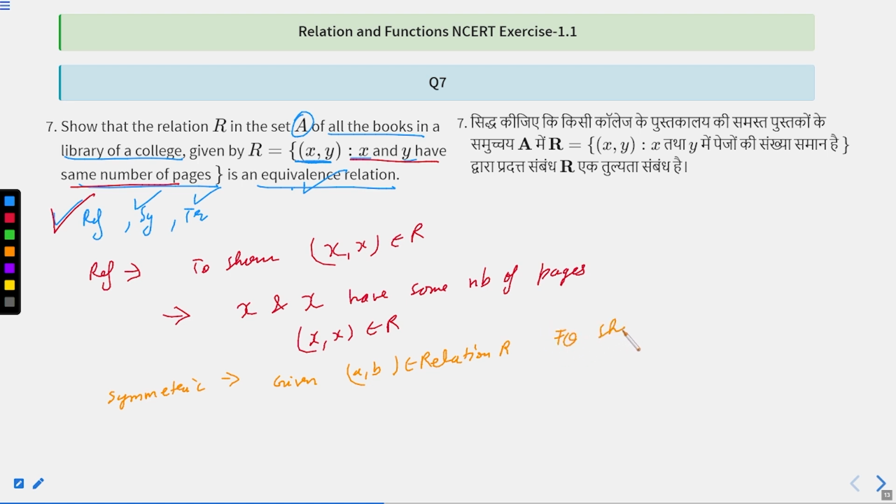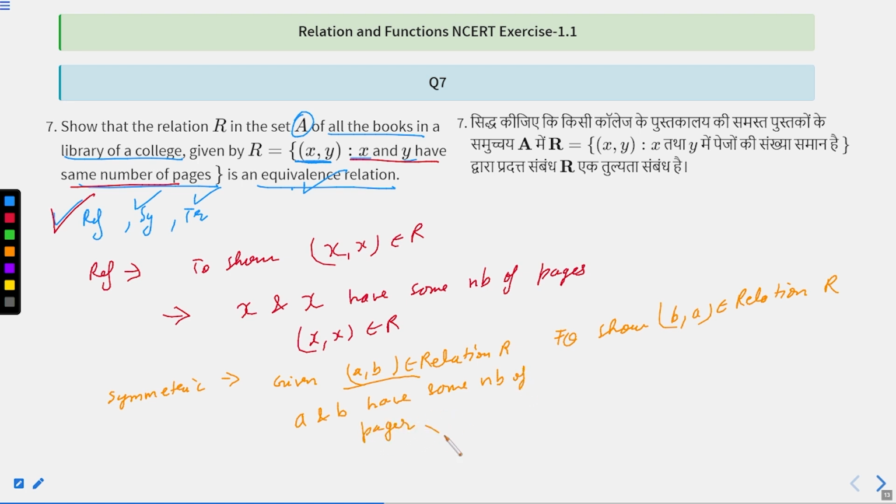To show B comma A belongs to the relation R. Now, if A comma B belongs to the relation R, this means A and B have the same number of pages.